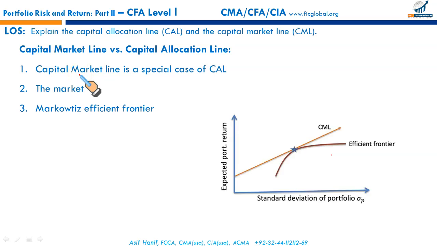Let me show you here. From our previous reading, we know that the risk-return characteristic for the potential risky asset portfolios can be plotted to generate a Markowitz efficient frontier, as you can see here. The point where the risk-free asset line touches, or is tangent to, this Markowitz frontier gives you the market portfolio.